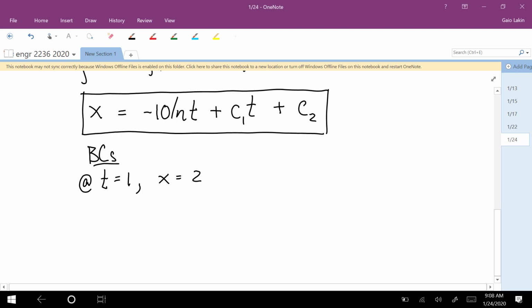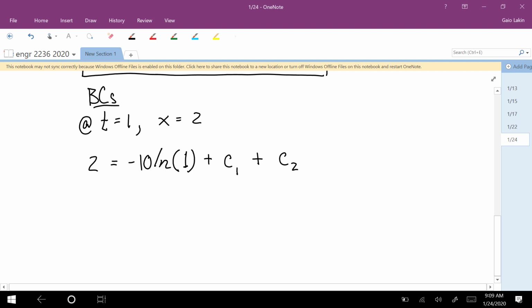So plug these into the boxed equation right above. 2 is equal to negative 10 natural log of 1 plus c1 plus c2. Okay, so log of 1 is 0. So we have c1 plus c2 is equal to 2. Okay.